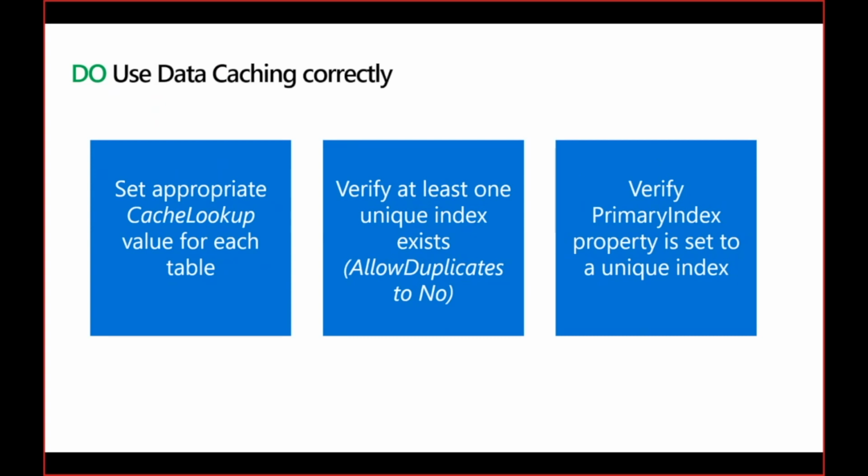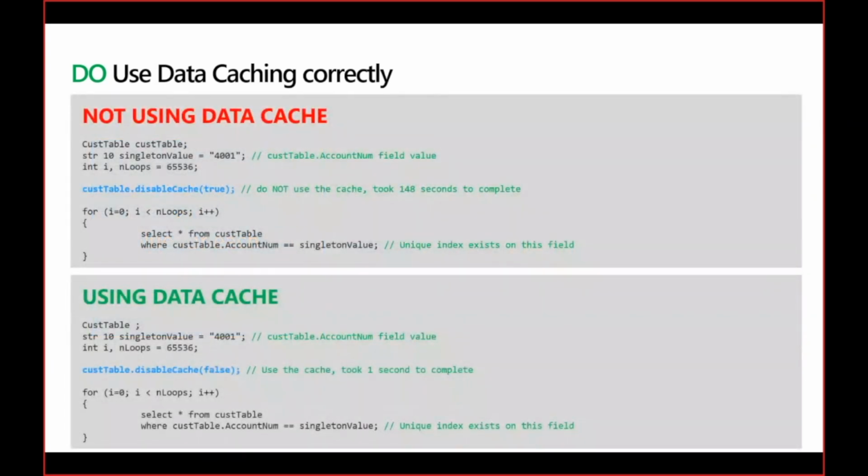The next thing, after you set up the cache lookup property, you have to verify that at least one unique index exists, so one index with allow duplicates set to no. And then the property primary index has to be set to one of these unique indexes, or if there are multiple, at least to one of the unique indexes. These are some settings that have to be done correctly at the development level in order for the caching to be used correctly.